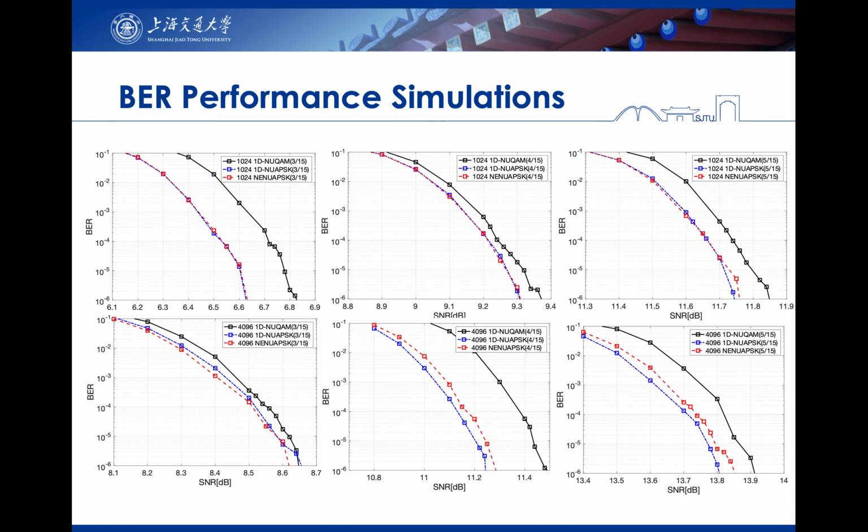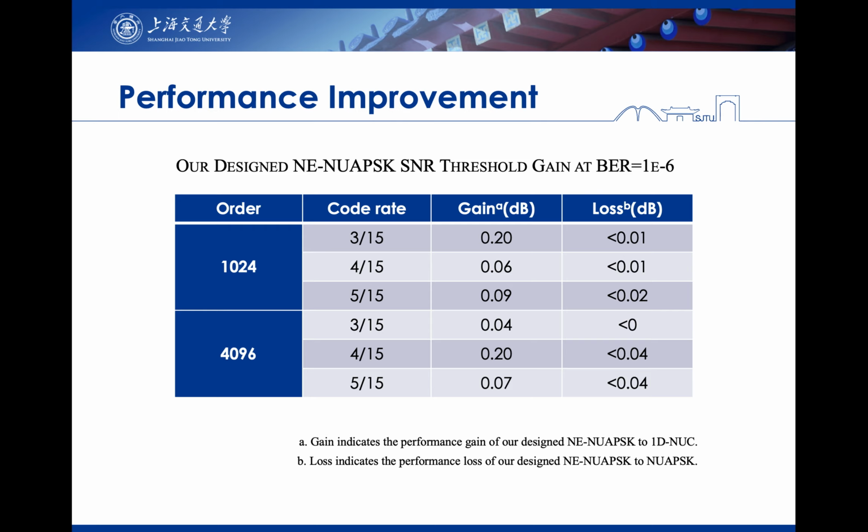It can be seen that our design with the order of 1,024 and 4,096 both have gains relative to 1D NUC in ATSC 3.0, while the performance loss is minimum compared to NU-APSK. In this table, specific experimental results data are given. Gain indicates the performance gain of our design to 1D NUC, and loss indicates the performance loss of our design to NU-APSK.